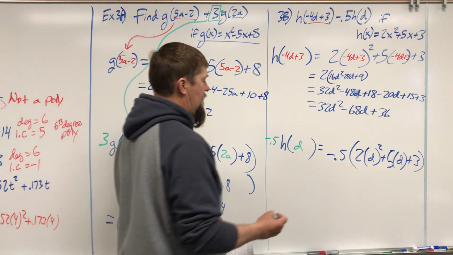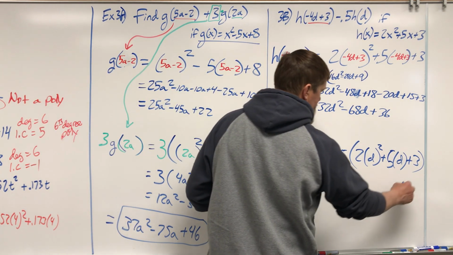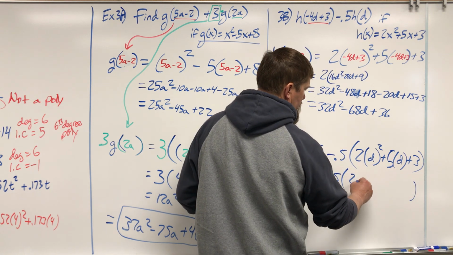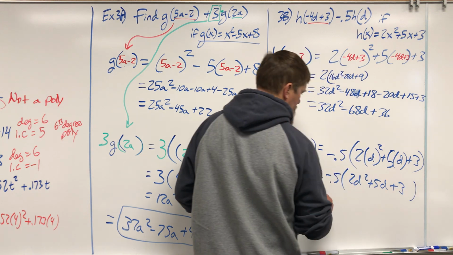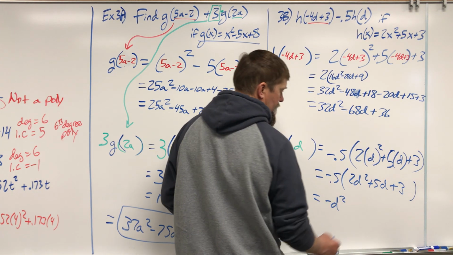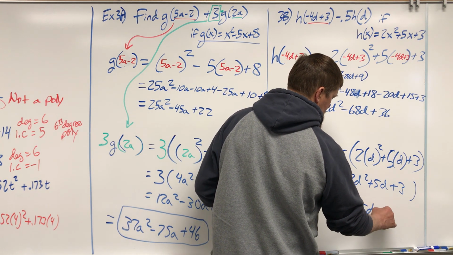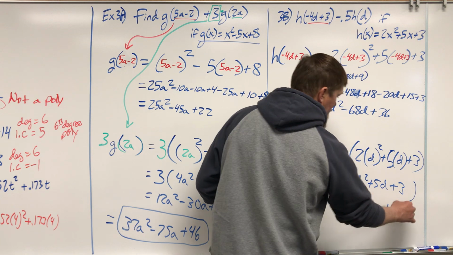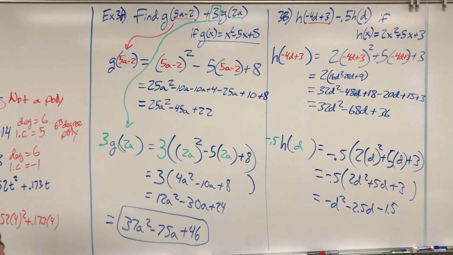Now I process that. So I end up with negative 0.5 times the quantity 2d squared plus 5d plus 3, which ends up to be negative 1d squared minus 2.5d minus 1.5. So I process the 0.5 through.